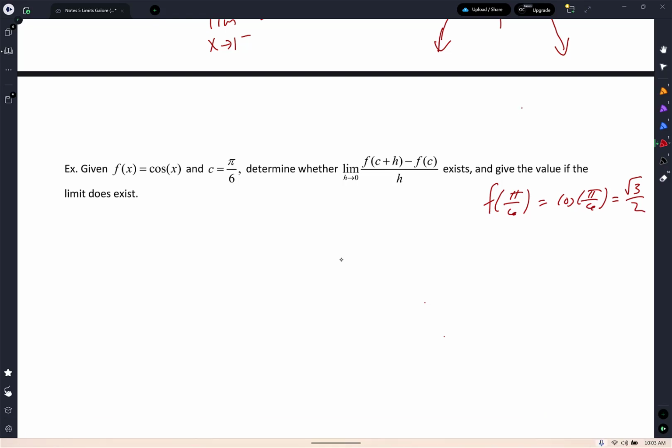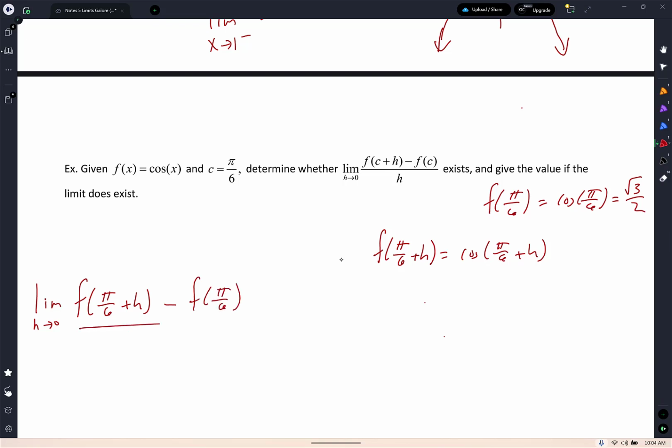Next one, we have f of c plus h. So that means I want f of pi over 6 plus h, which is cosine of pi over 6 plus h. Leave it alone. So let's see, what am I going to do? I want the limit as h approaches 0 of f of pi over 6 plus h minus f of pi over 6, all over h.